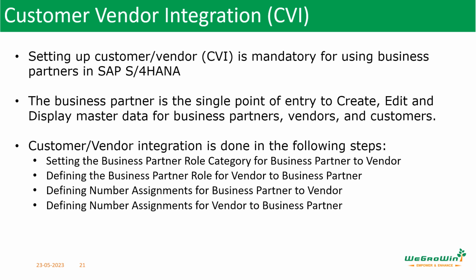Customer vendor integration is done with the following steps. That is setting the business partner role category for business partner to vendor, and then defining the business partner role for the vendor to business partner. So all these things have to be linked, business partner to vendor, vendor to business partner. And then define the number range assignments for business partner to vendor, and then the number range assignment for vendor to business partner. So all these four steps have to be completed.